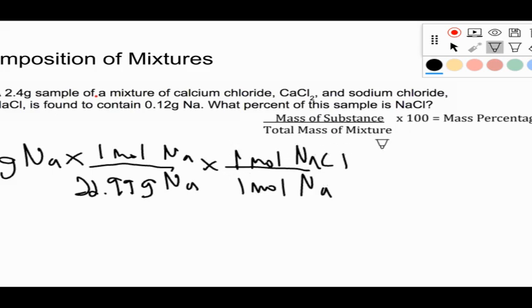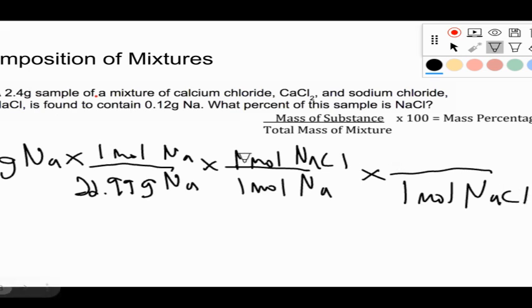So it's 1 mole of each. Then I'm going to convert to grams of NaCl. This looks like a stoichiometric calculation, but we're not changing substances. We're staying within the same compound, but it's the same concept.